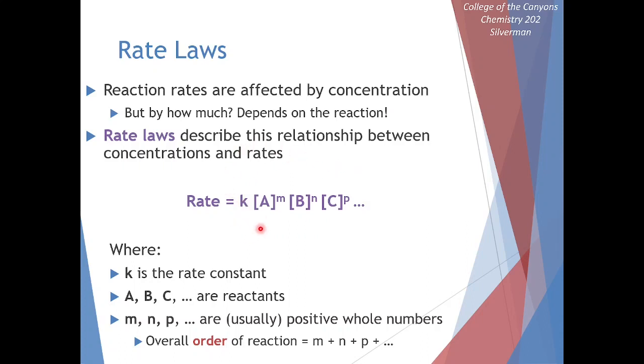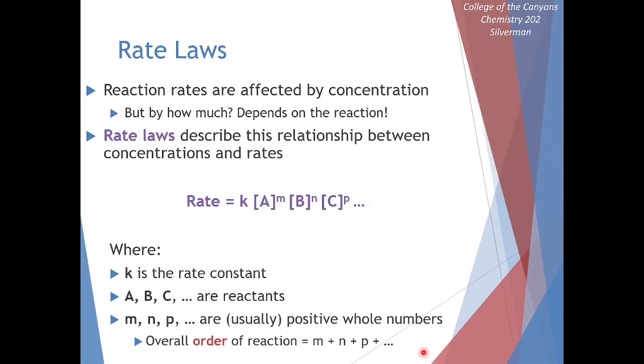This constant we call the rate constant. These exponents we call the reaction order. More specifically, the exponent for each chemical is the reaction order with respect to that chemical, and the overall order of our reaction is the sum of all the exponents.